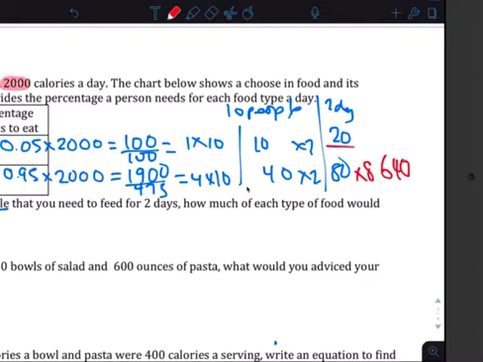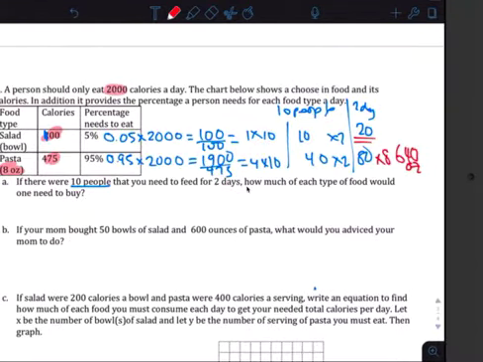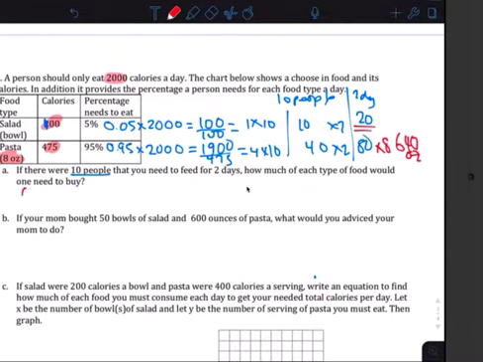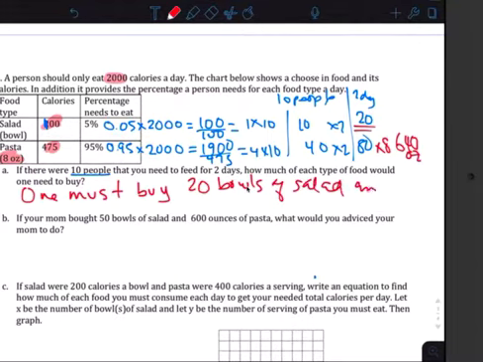And then you get 20 here, 640 ounces, okay? So one must buy 20 bowls of salads and 640 ounces of pasta.